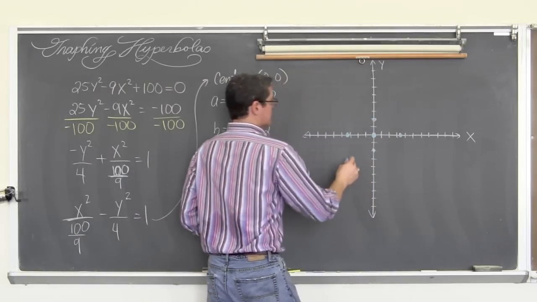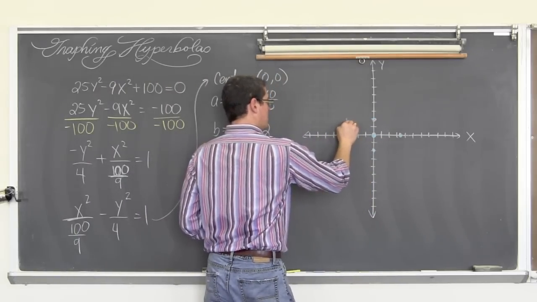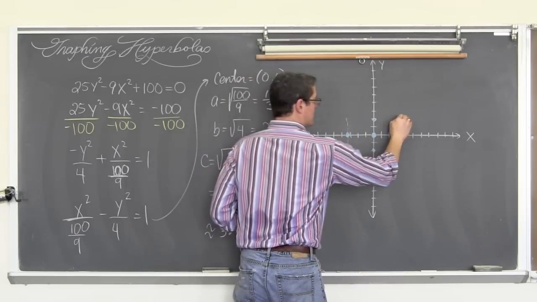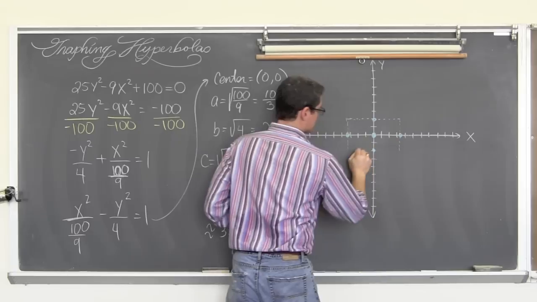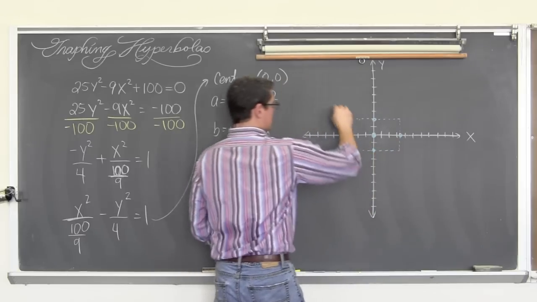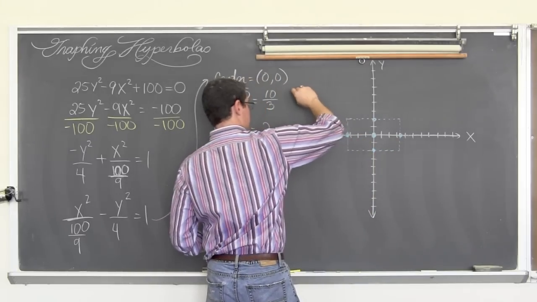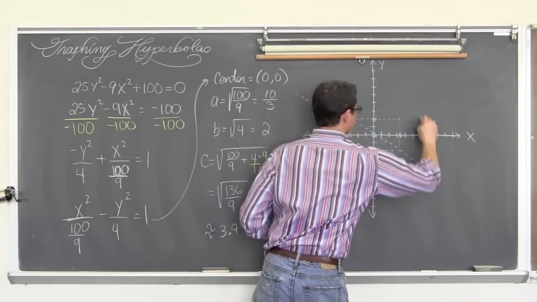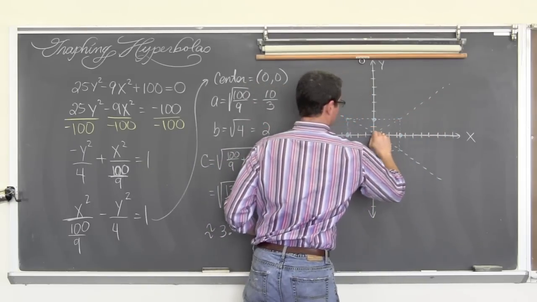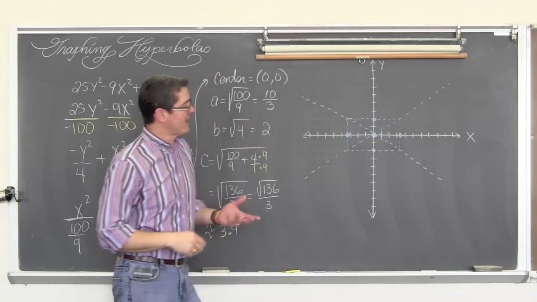I'm going to go a little bit faster this time. Draw our little imaginary box that's going to help us draw the asymptotes in the right direction. So let's see if I can make this a little bit better than last time. Okay, so those are my asymptotes.